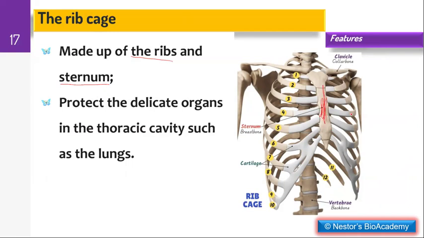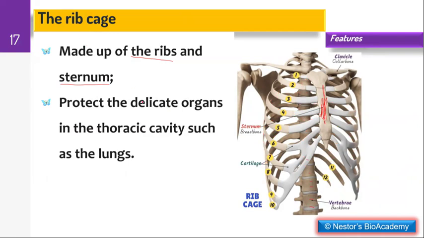And then at the back, of course, we have the vertebral column, this series of short bones running behind there. And then we have the ribs. The ribs form the link between the sternum and the vertebral column.